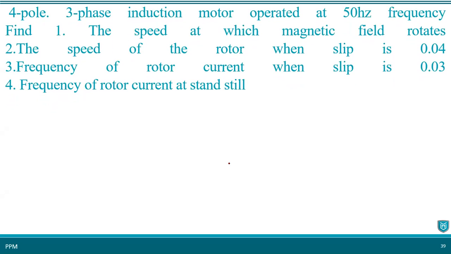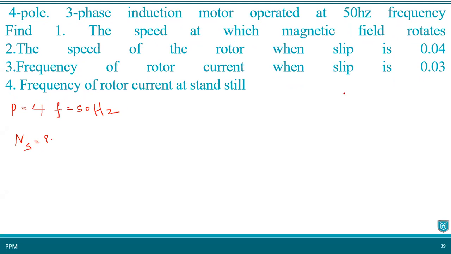So the example is a 4-pole, so let's write down P is equal to 4, three-phase induction motor, supply frequency is 50. Find the speed at which the magnetic field rotates. First of all, we need to find out Ns.